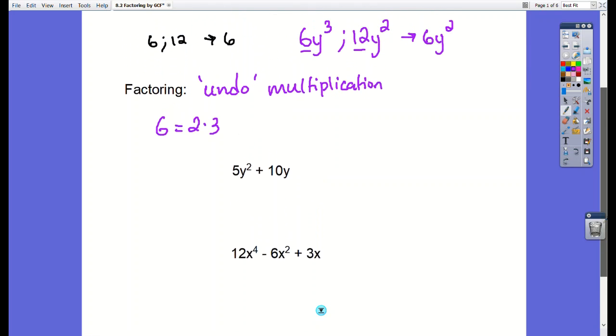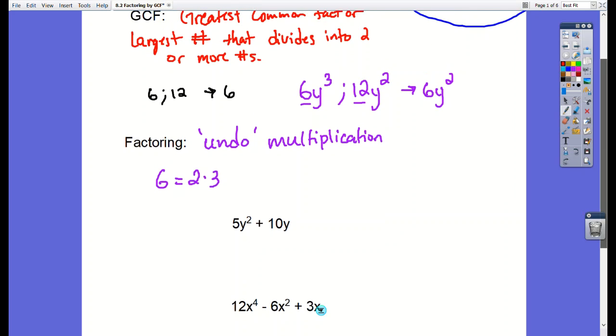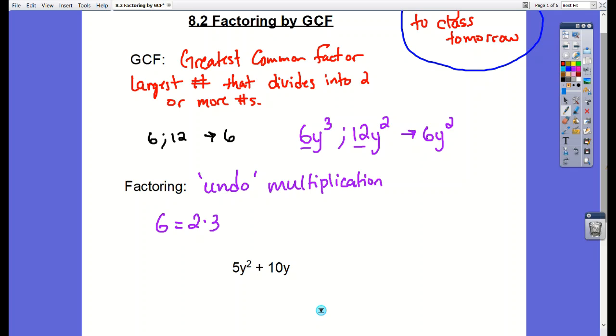So let's look at something like this, 5y squared plus 10y. First thing we want to do is identify that greatest common factor. So what is, someone raise your hand. Johnny, what's the GCF here? 5y.